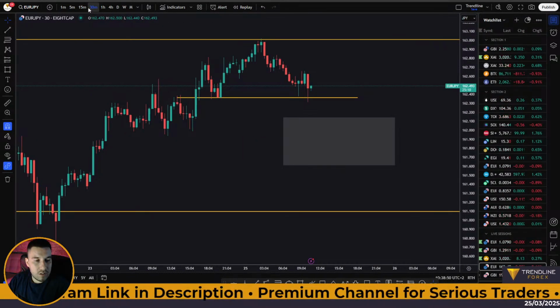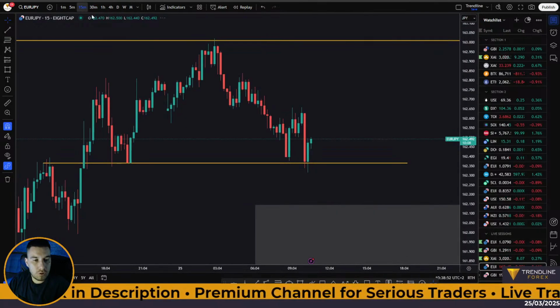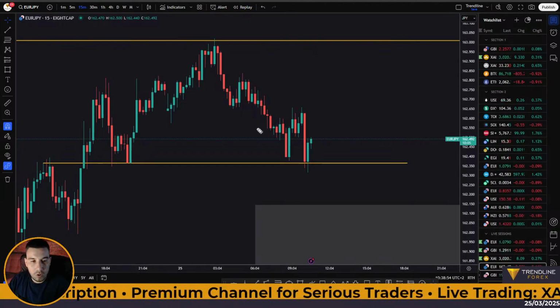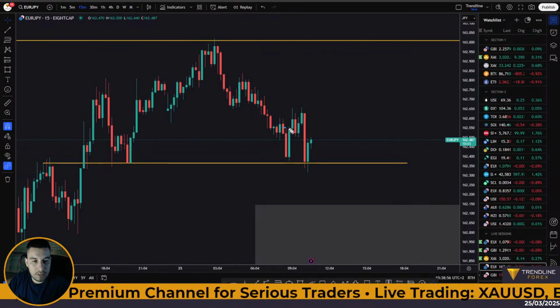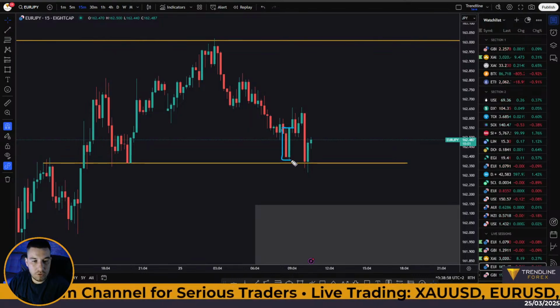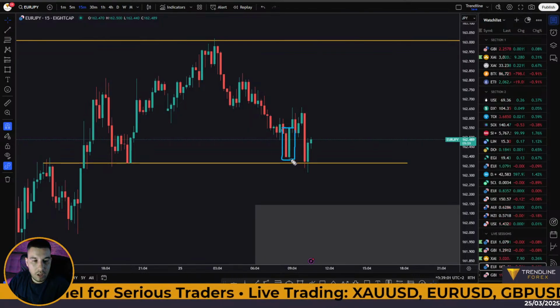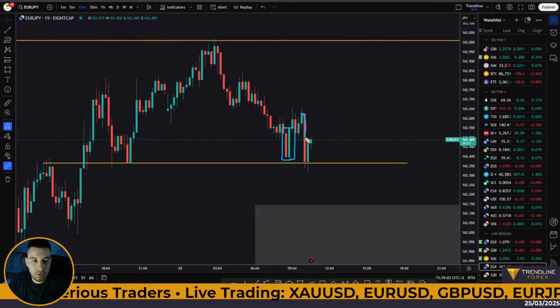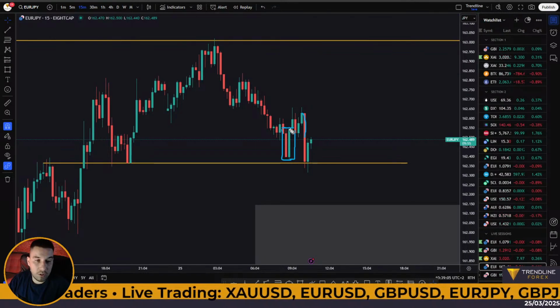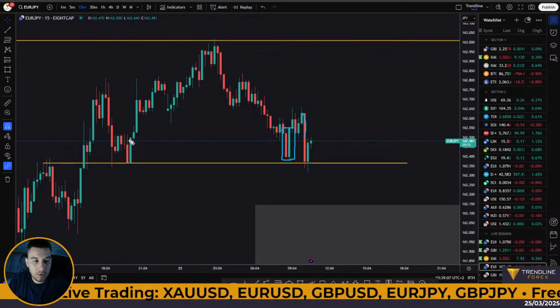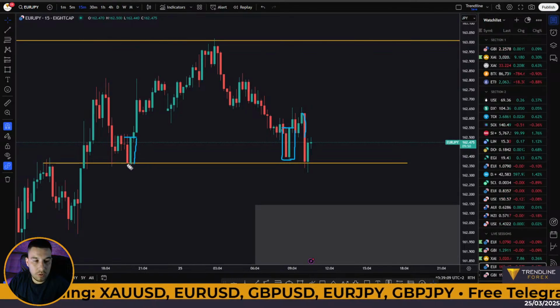Now euro yen doesn't look as good because what I don't like about it is I can see this kind of signal right here, and whenever I get pulled back into one of those kind of an order block, if you wish, we've got the same thing here as well.